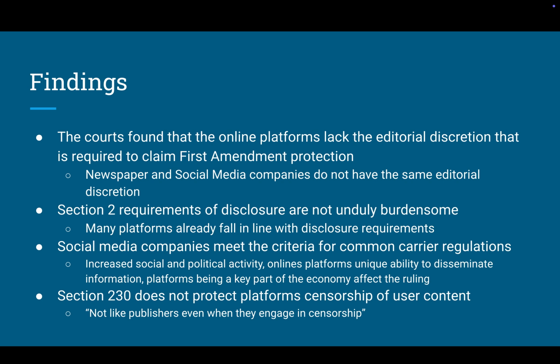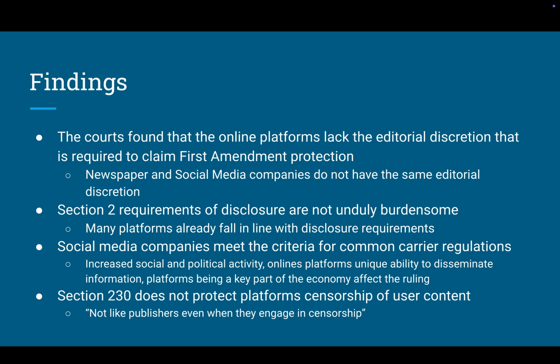This ruling comes from the idea that the statute would create a broad immunity for social media companies by the companies stating that they are not treated as the publisher or speaker of what is posted. Even with Section 230 allowing online platforms to retain immunity when removing content they deem objectionable, they are still, quote, not like publishers even when they engage in censorship, end quote.